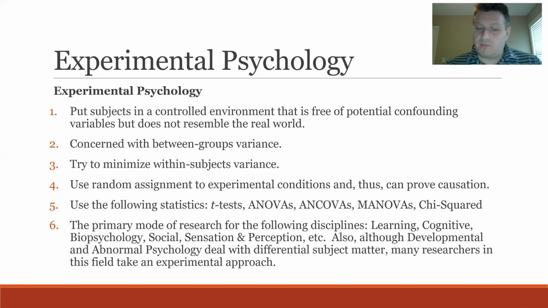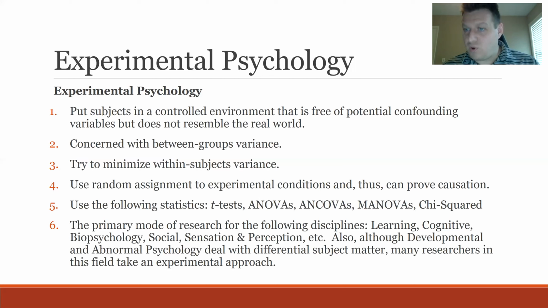Disciplines like developmental psychology and abnormal psychology are differential in nature. So human beings might differ on things like anxiety, they might differ on things like depression. Developmental psychology, obviously as people age, that is an individual difference. But many times these problems are viewed as kind of a quasi-experiment.